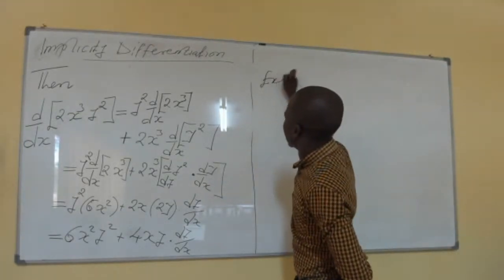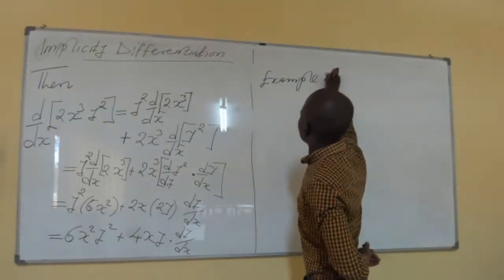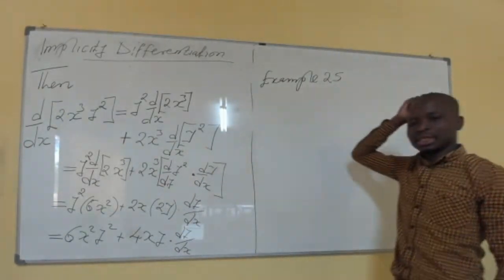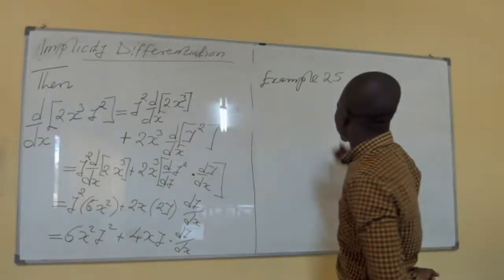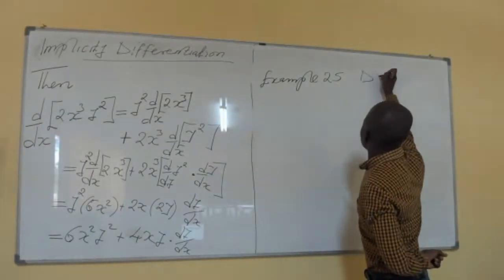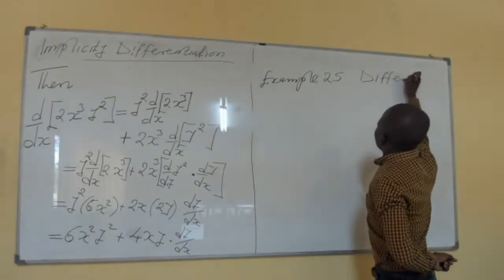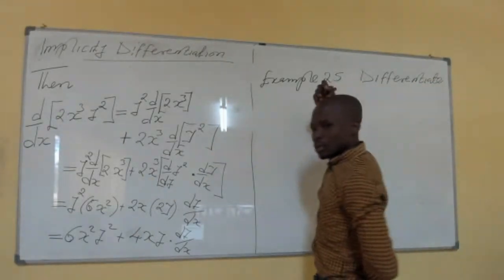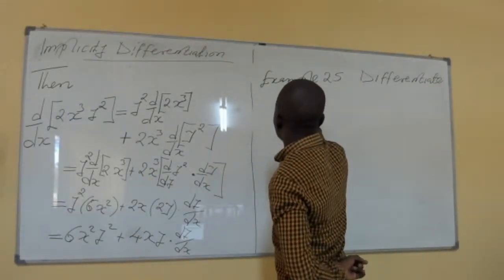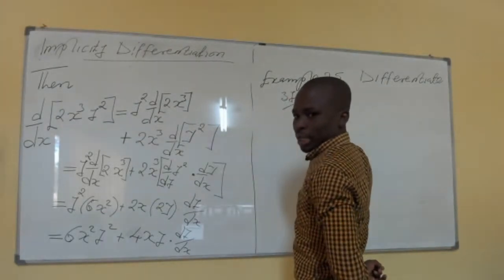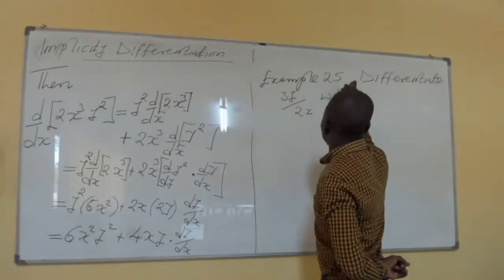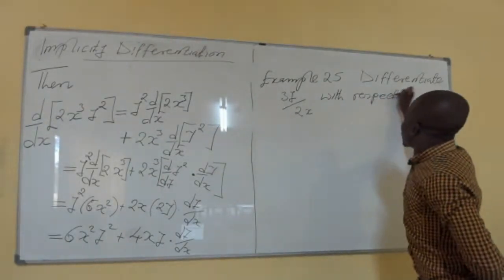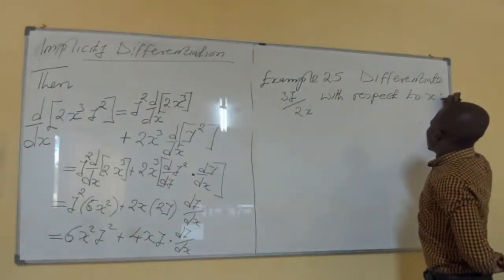This example, which is example number 25 from your notes, says find the derivative, or differentiate, the function 3y over 2x with respect to x.